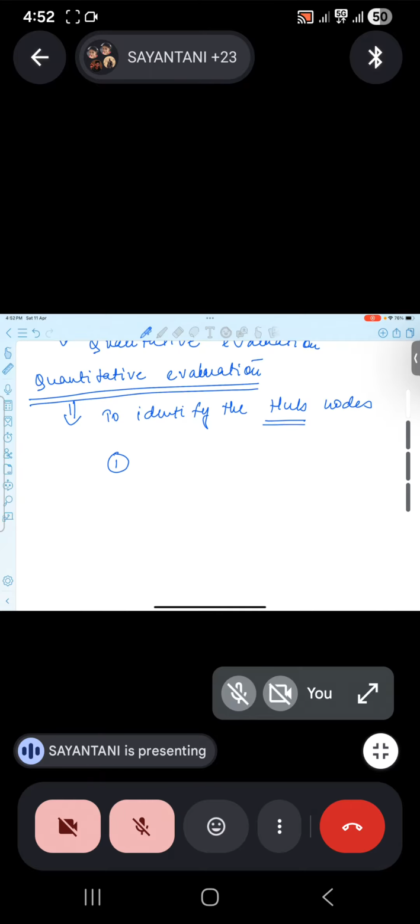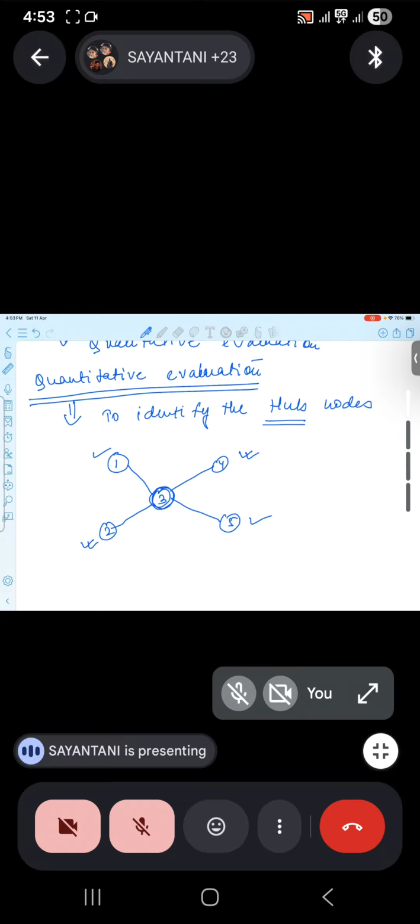Suppose I have a network like this, a simple network. Over here, if node number 1 has to send any information to node number 5, it has to pass through node number 3. Again, if 2 has to send any information to 4, it has to pass through node number 3.